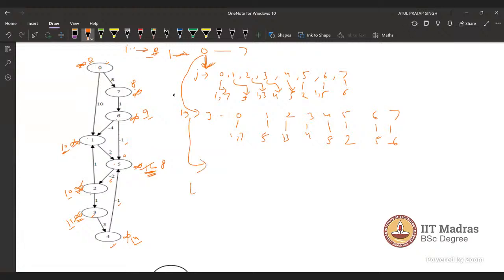Okay, so the same process we will repeat a total of 8 times, because it has 8 vertices. After repeating this process 8 times, we will get the shortest path value for each node. In this case, we are checking every vertex. If it has already been visited, we will check it again in the next pass.